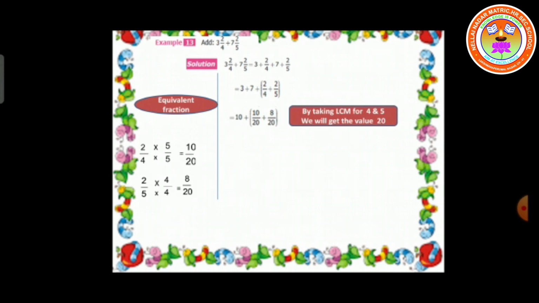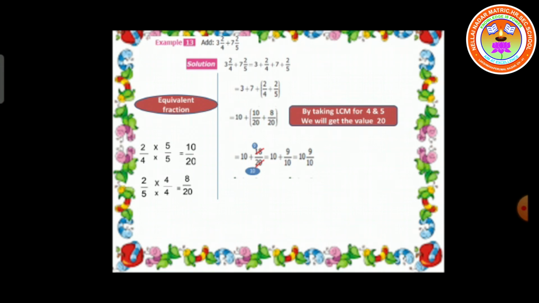Then what do we have to do? The next step is to add these two. See, you can't add unlike fractions. When you want to add, you have to make the fractions like fractions. To bring that about, we do the steps of taking LCM and finding the equivalent fraction.